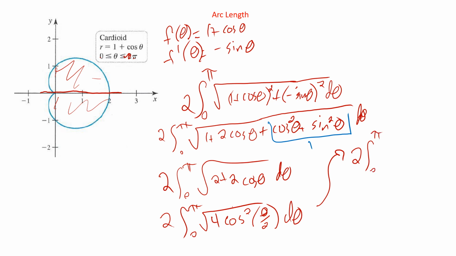The square root of 4 cosine squared is going to be 2 cosine of theta over 2 d theta. 2 can come out, so we have 4 times the antiderivative, so cosine of something, the antiderivative of that is going to be sine of the something divided by the derivative of the something, divided by the 1/2 gives us 2 sine of theta over 2.